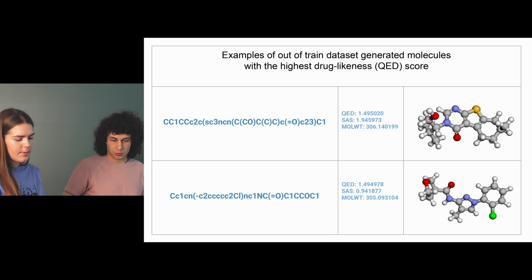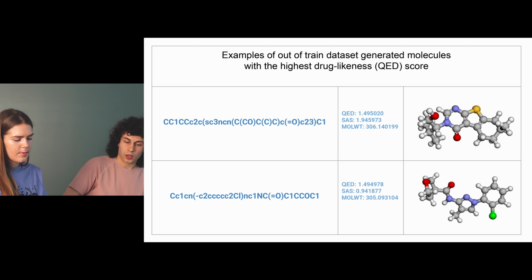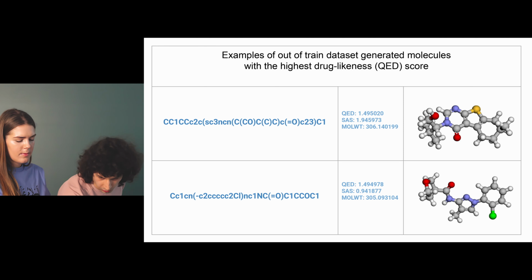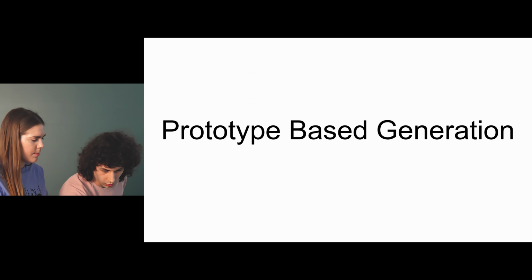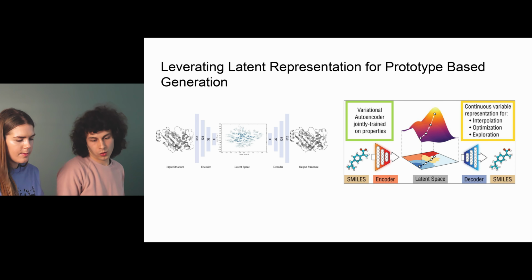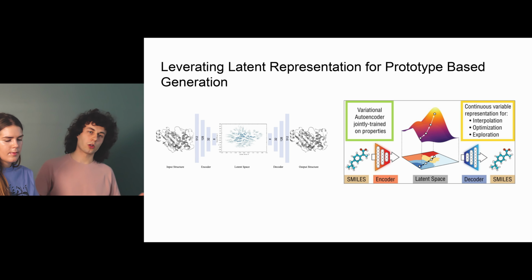Here are some example molecules which are novel and have a high drug likeness score, so potentially may be used as drugs. And now I'd like to move on to the different data type. We've talked about molecules so far.